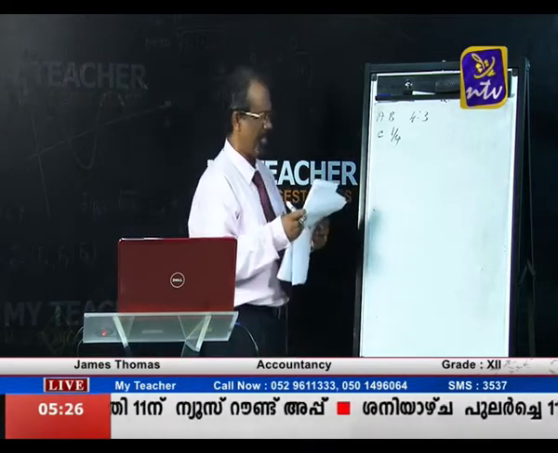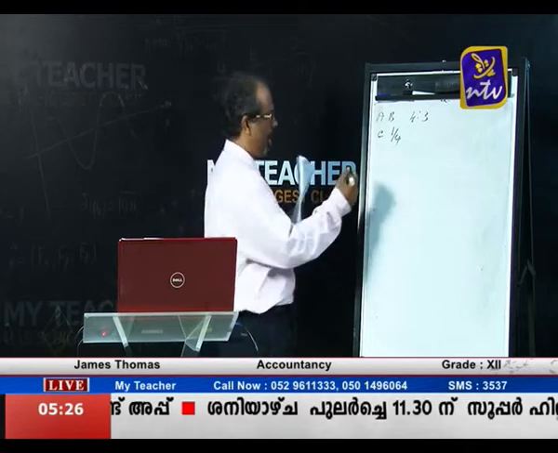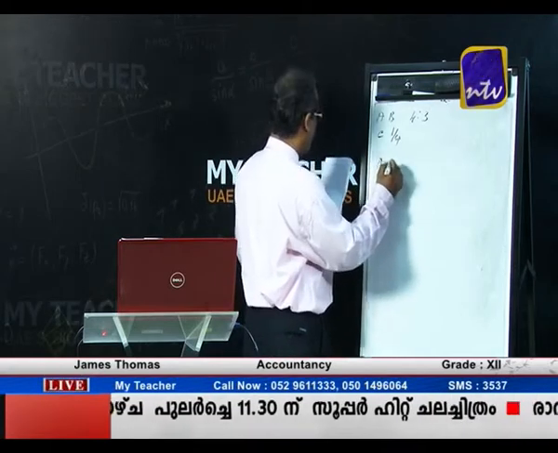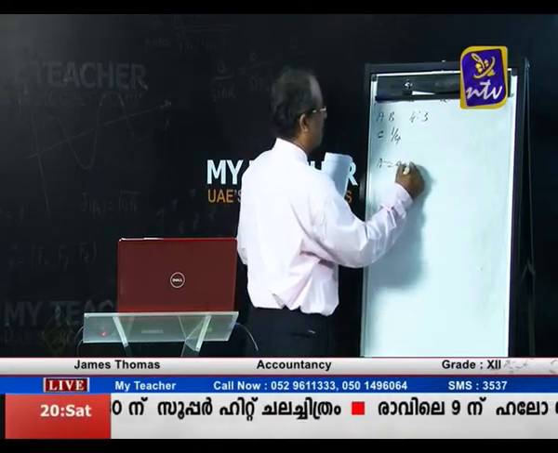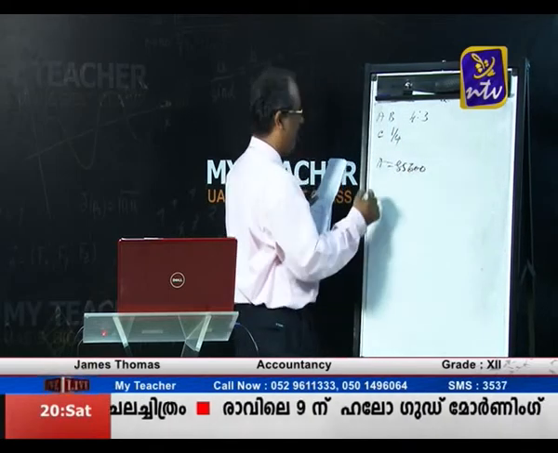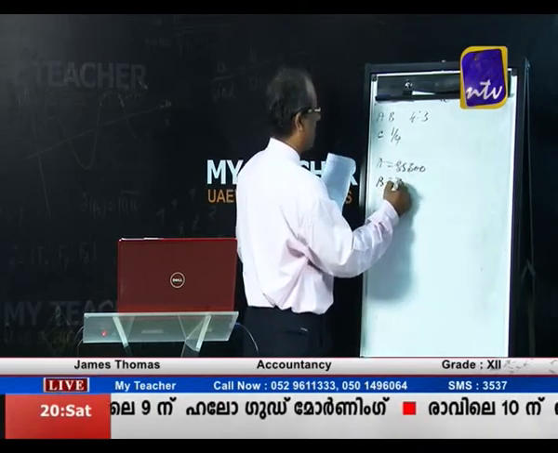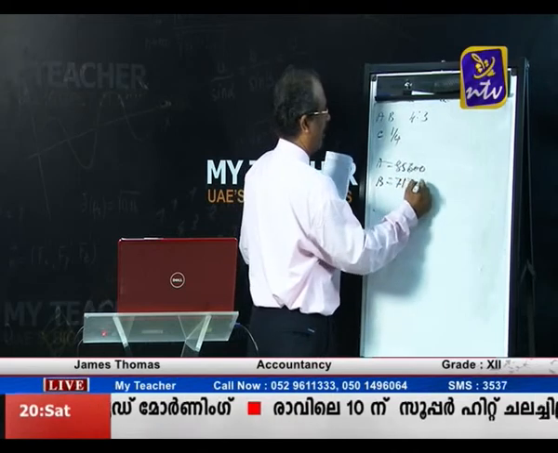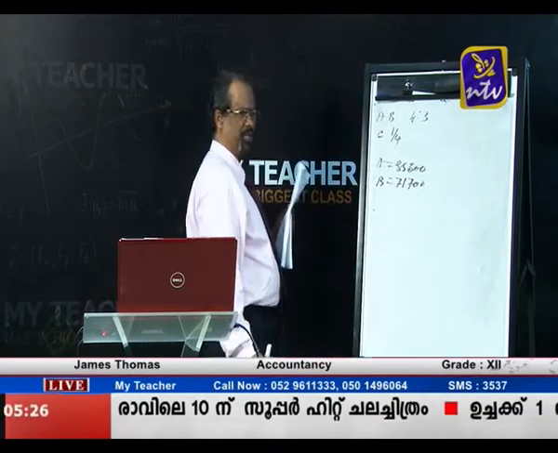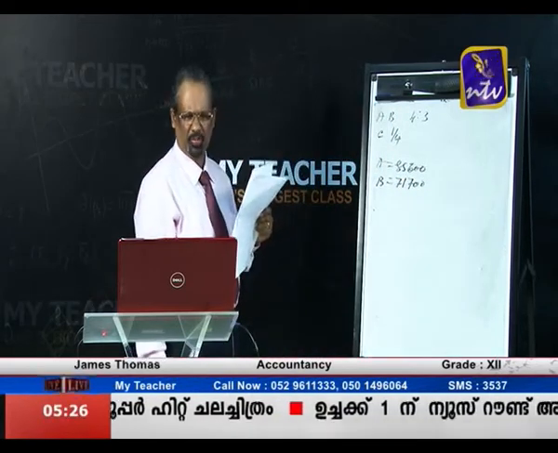So here the capital of A and B is given. A's capital is 85,600 and B's capital is 71,700. In the last part they give one adjustment.